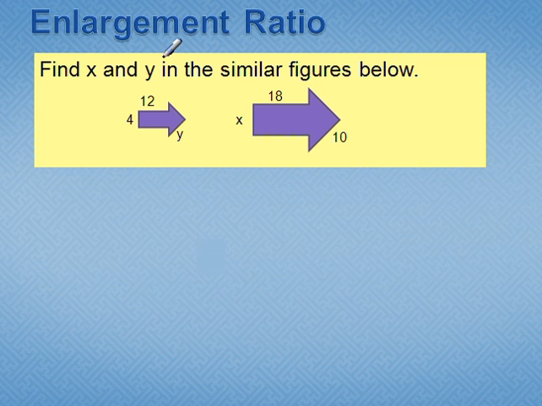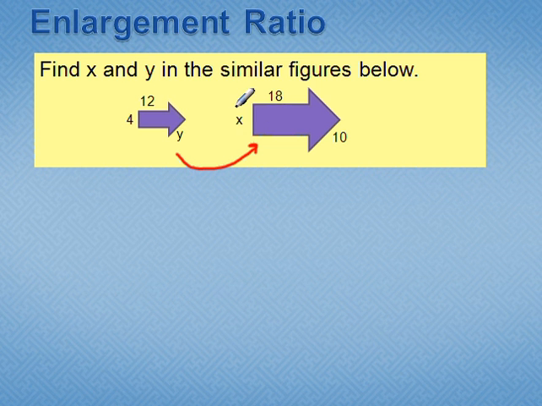All right, first of all, for enlargement ratios, what really matters is that the figure on the right-hand side is just a certain number of times bigger than the left-hand side if these are really similar. So what you need to do is find the enlargement ratio. Let's say this figure was twice as big; that would mean you could multiply anything in the smaller figure by 2, and it would turn into the bigger figure's number.